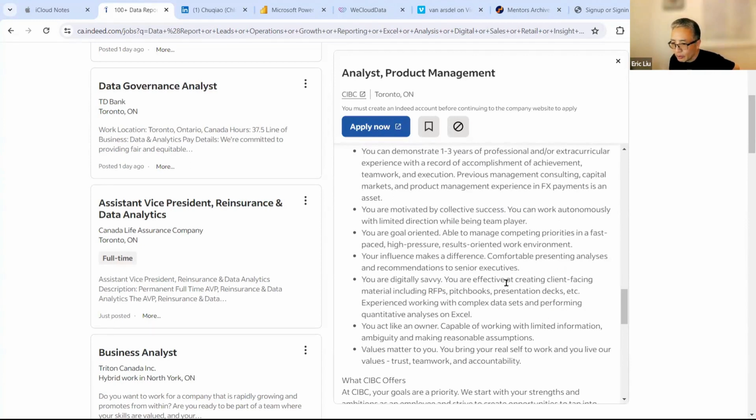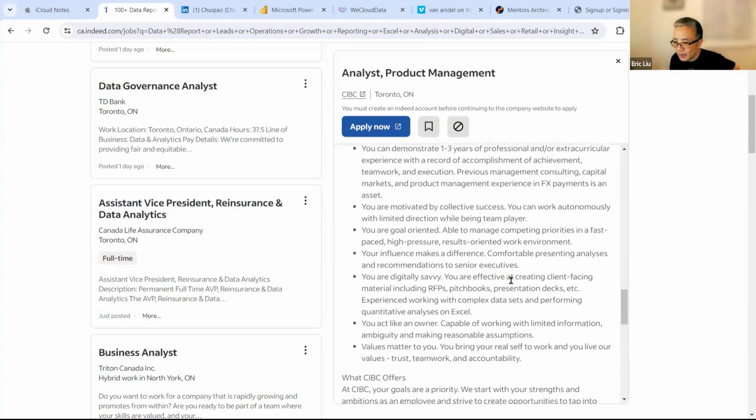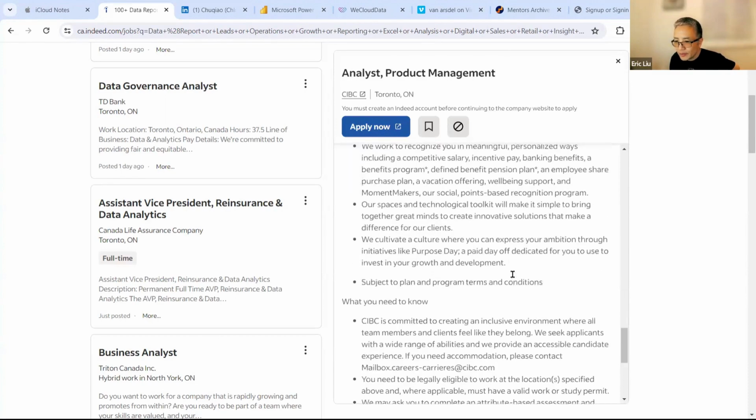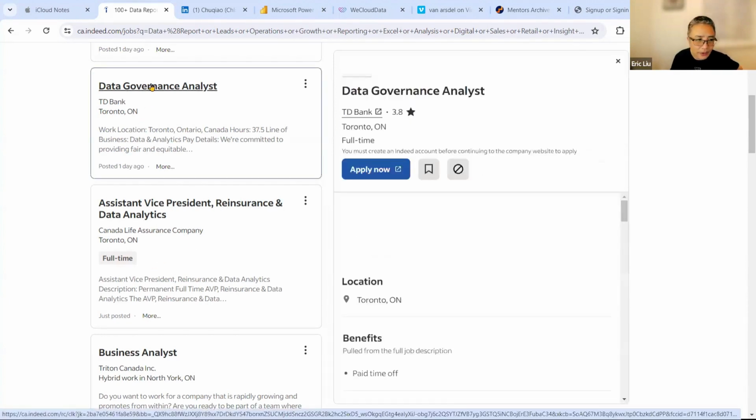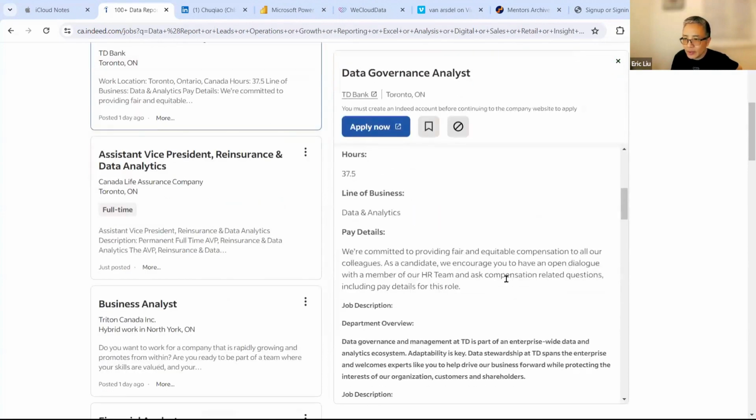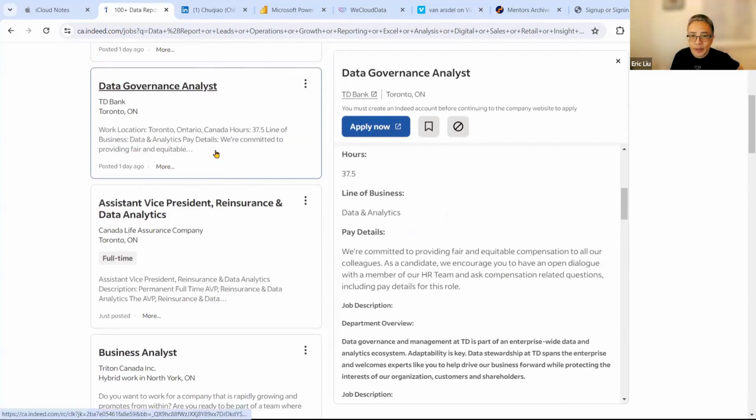This is usually part of the vendor management. Doesn't say a lot. Okay, come back here, TD, data governance analyst. So data governance is about availability and quality of data. And that's part of ETL as well, and insurance.